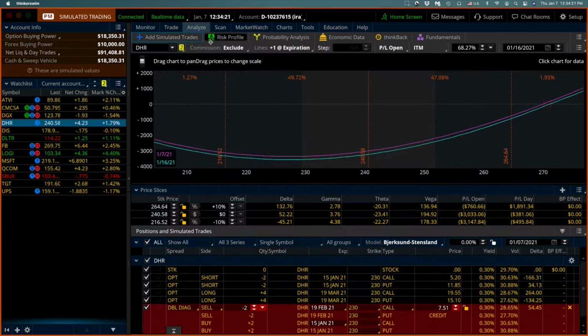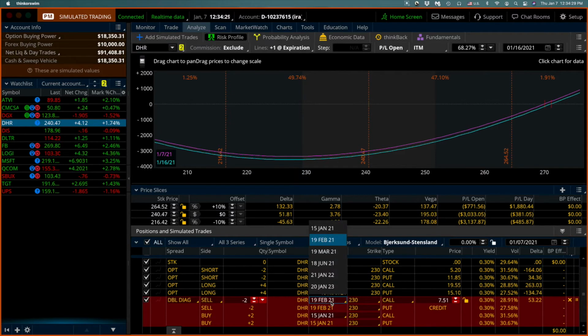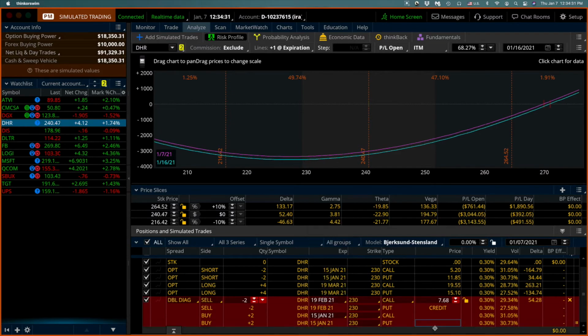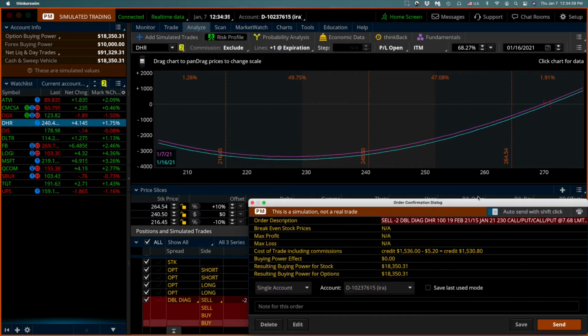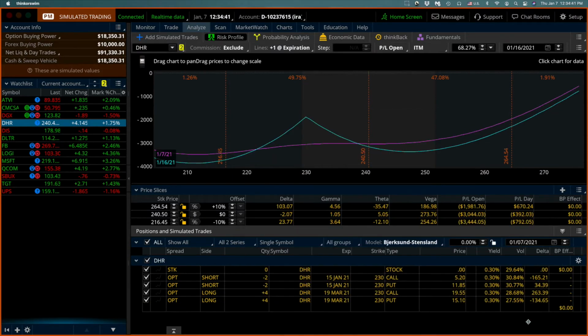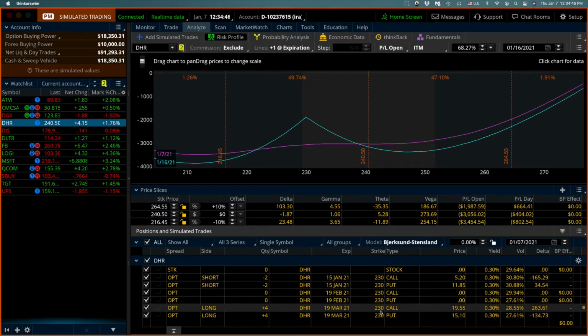Okay, I think I'm going to do the rollover to February the 19th, as I don't really have any earlier date. It makes it delta positive. And then next week, hopefully, we could sell one of the calls and neutralize it. If it rallies, it would be great.